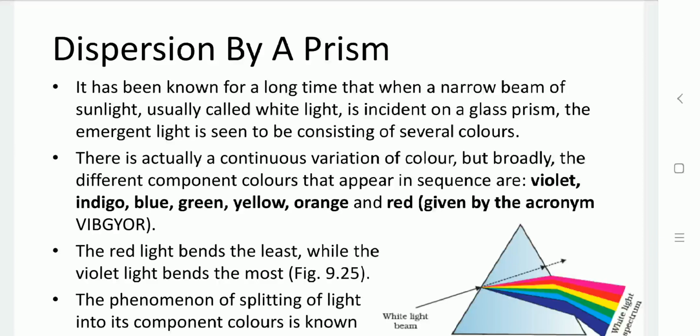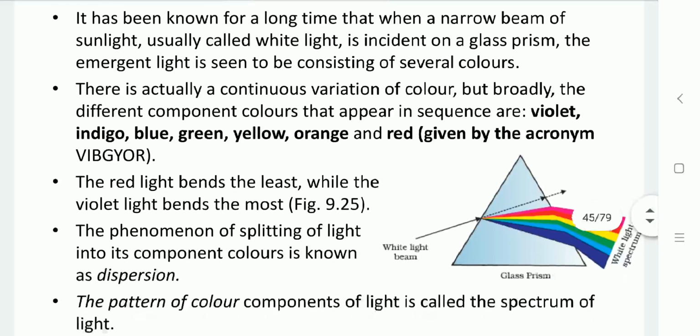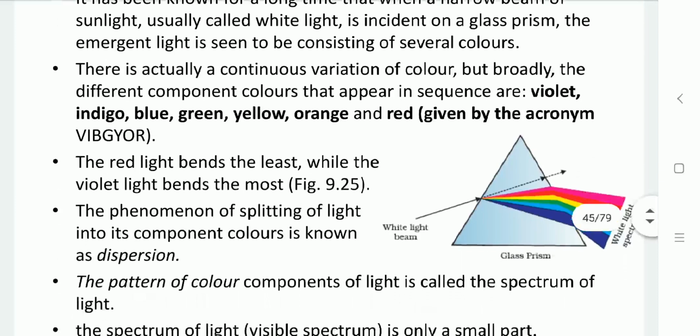So that light is seen to consist of several colors: violet, indigo, blue, green, yellow, orange and red, as you can see in the diagram. The red light bends by the least angle, and the violet light bends by the most angle.